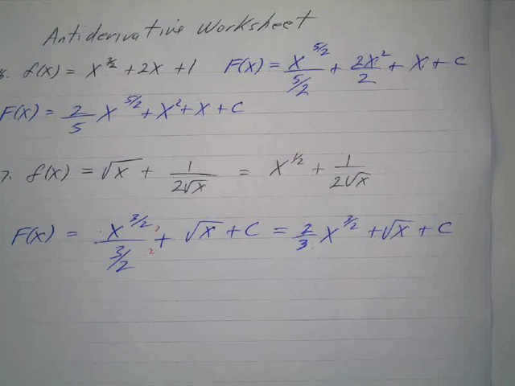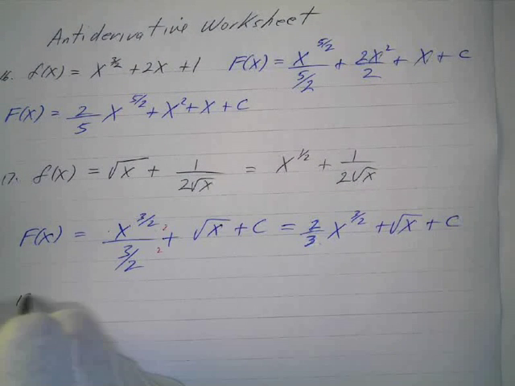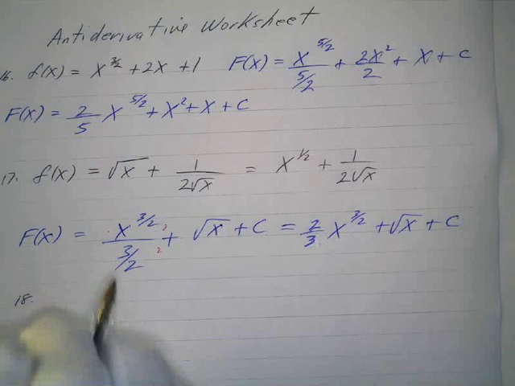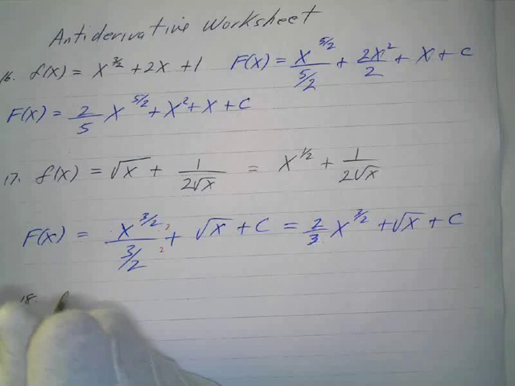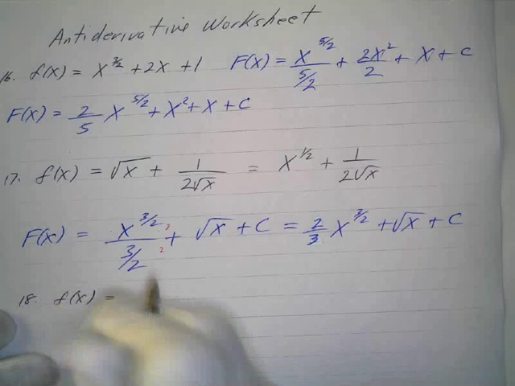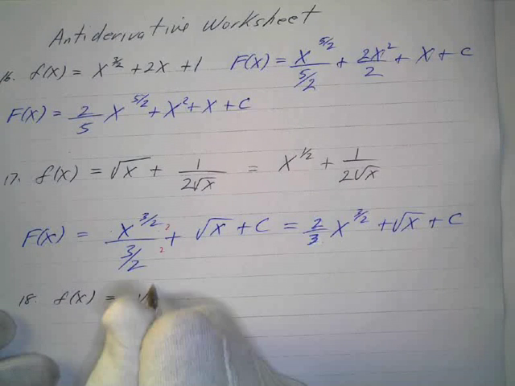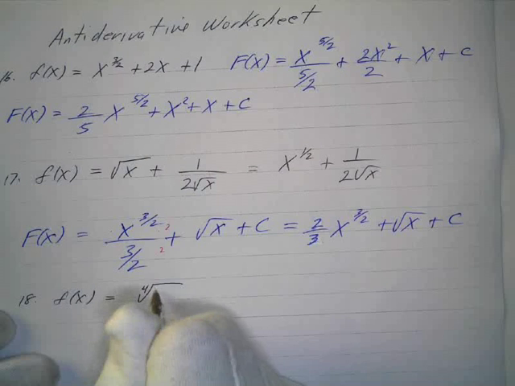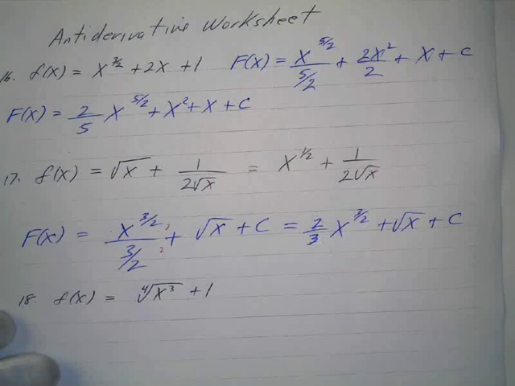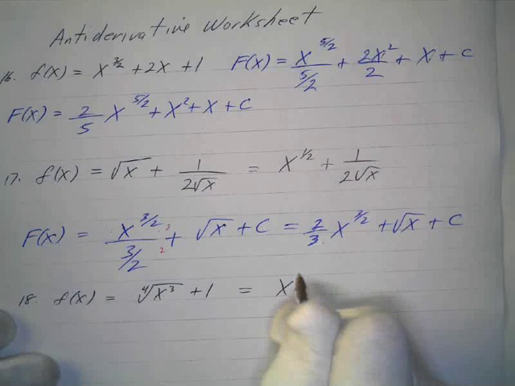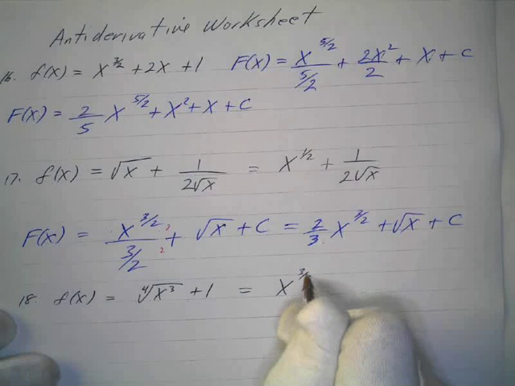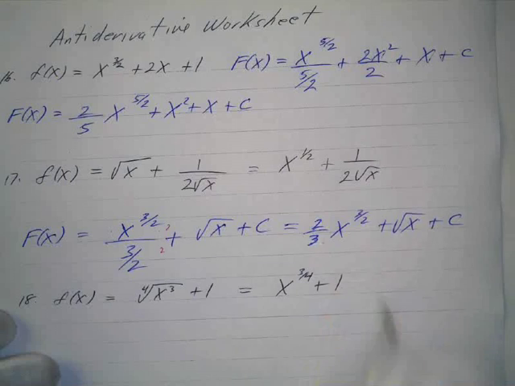Okay, and then number 18. F of x equals the 4th root of x to the 3rd plus 1. And then we're going to write this in exponential form so we can do it. So this is going to be the same thing as x, this is the power, and that's the root, plus 1.